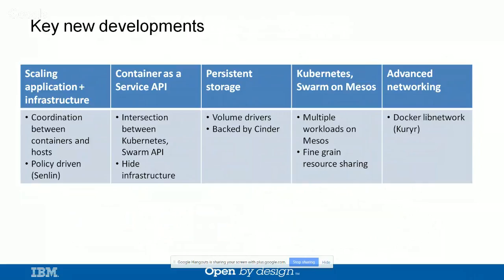Let's suppose you start your bay with five slave nodes, but later as you scale up your containers, you might find that your nodes are fully used up. Then you need to scale up your bay, adding more hosts to be able to host more containers.